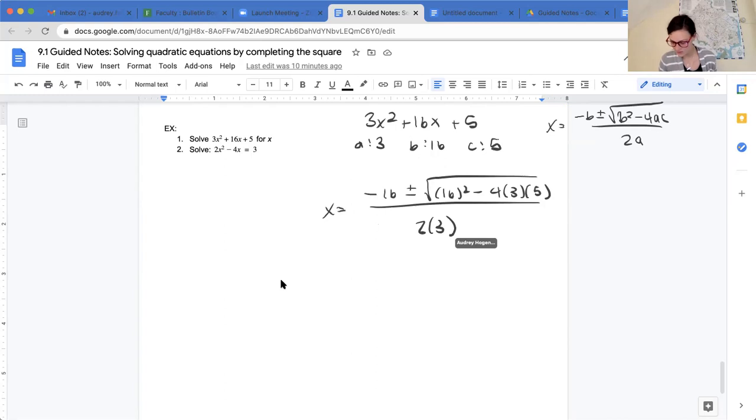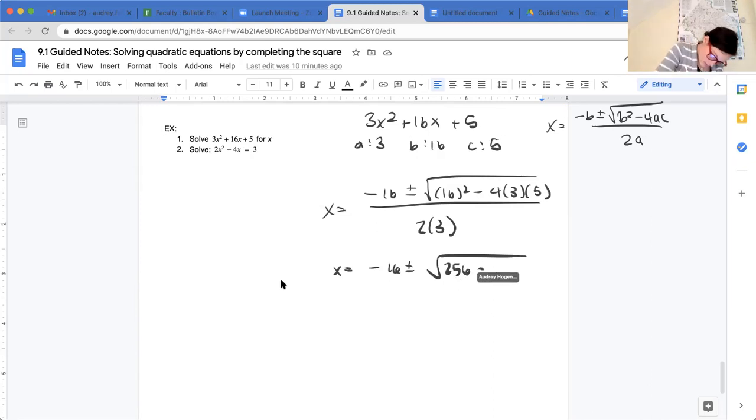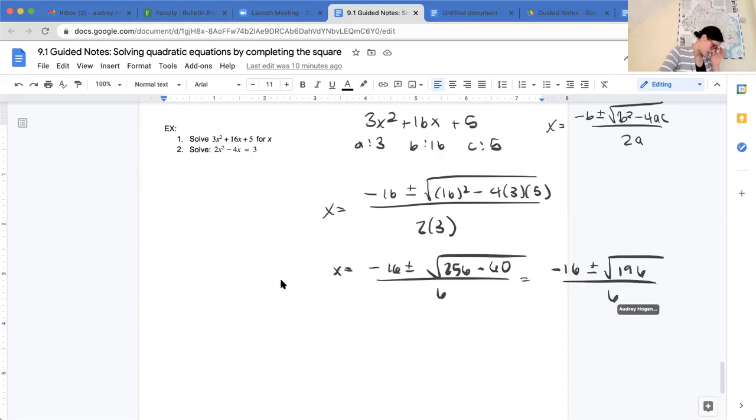Let's see what 16 squared is. 256. So we're going to get x is equal to negative 16 plus or minus 256 minus 4 times 3 is 12 times 5 is 60 all over 6. 256 minus 60 is going to be negative 16 plus or minus the square root of 196 all over 6.